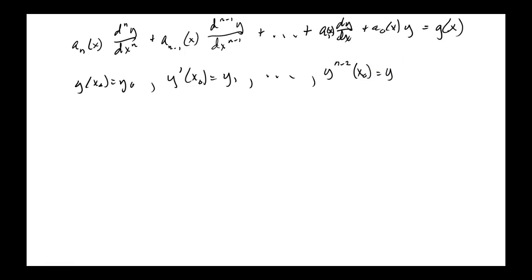Let's get them counted off right: 0, 1, 2, 3, 4, up to, comma, the n minus 1 derivative at x0 is equal to y sub n minus 1.